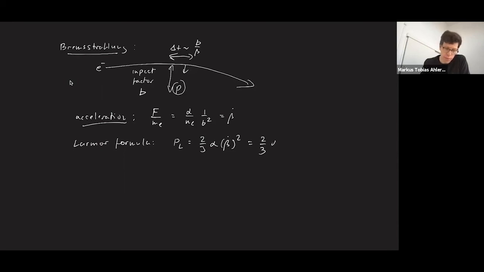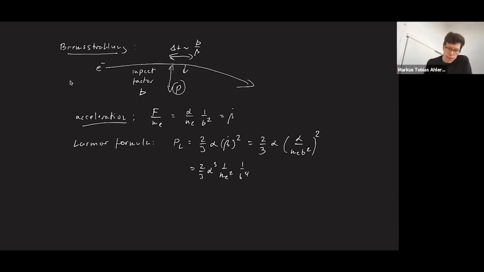So this is 2/3 alpha and then alpha divided by m_e beta squared to the power 2. So this should scale like 2/3 alpha to the power 3, 1 over the electron mass squared, 1 over b to the 4. Now the impact factor b, that is going to be a statistically distributed quantity, and it will depend on the typical distance of protons in your background that is traversed by the electrons.